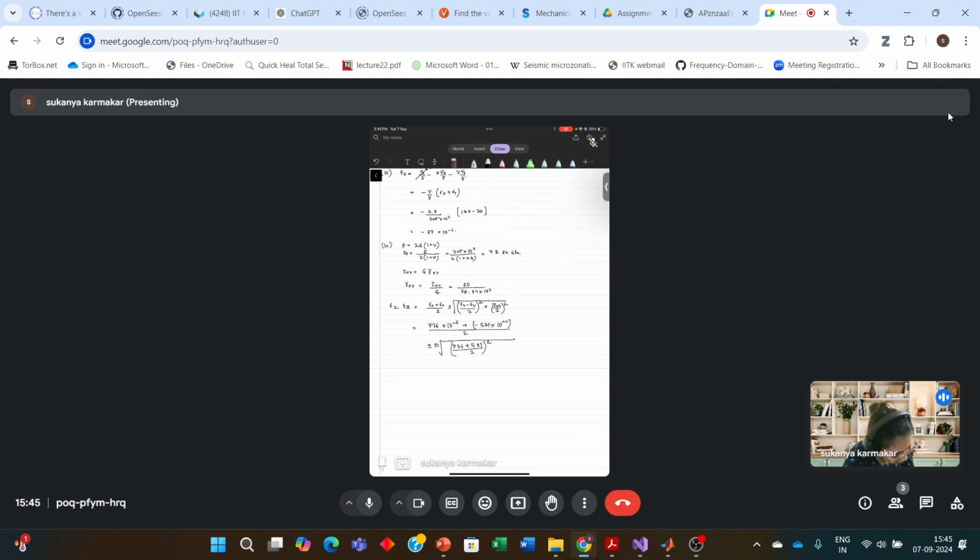I've taken 10 to the power minus 6 common. Let's calculate this number. I want the value of gamma xy.